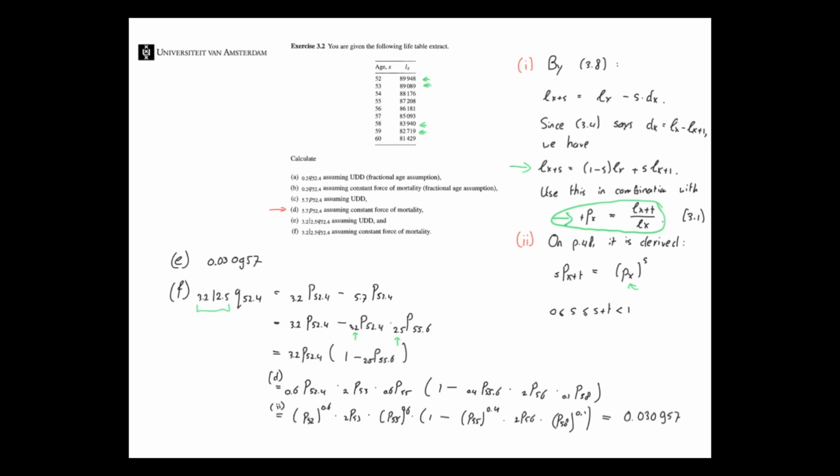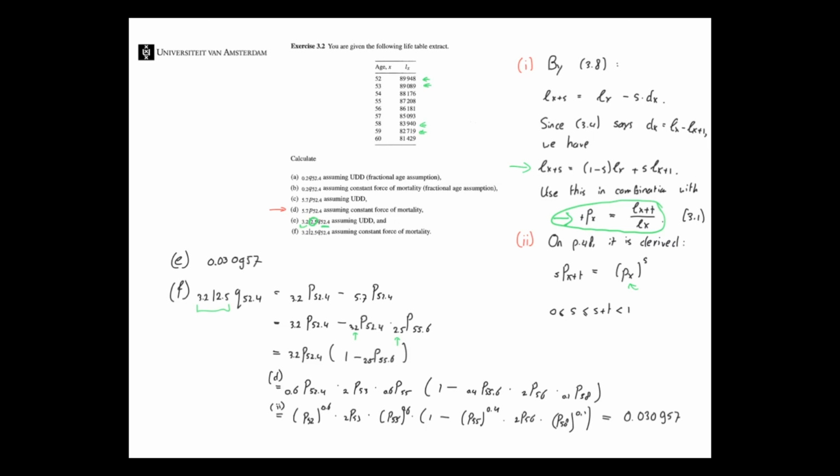And note that this makes sense, right? If you get a very large probability, you probably did something wrong. So why should this be a small probability? Well, this concerns somebody aged 52.4, and he has to survive 3.2 more years, so let's say he reaches about age 56, and then you're asking what is the probability of death in a time period of only 2.5 years.